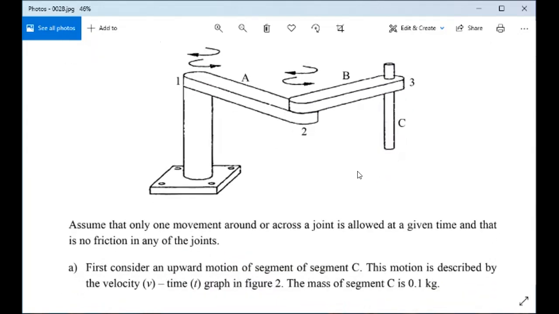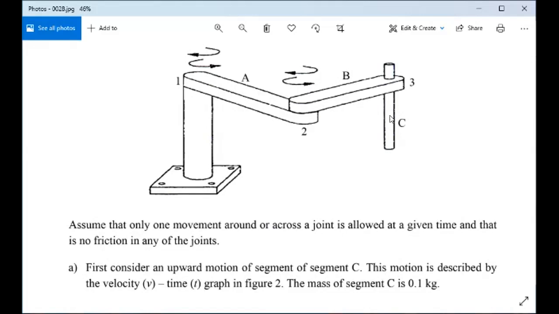Let's go. Assume that only one movement around O across a joint is allowed at a given time. Only one movement is allowed. So A and B will be at rest when C is moving. C and A will be at rest when B is moving.